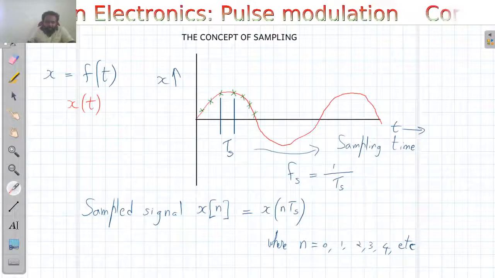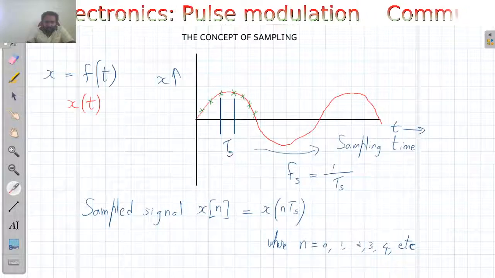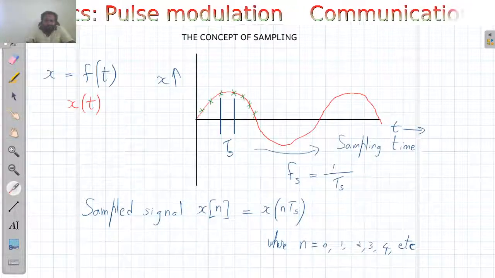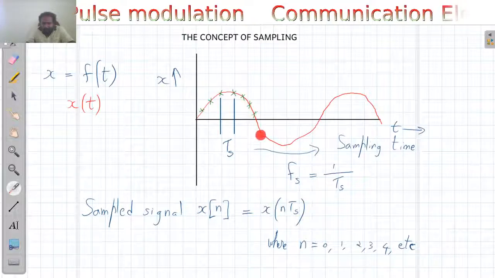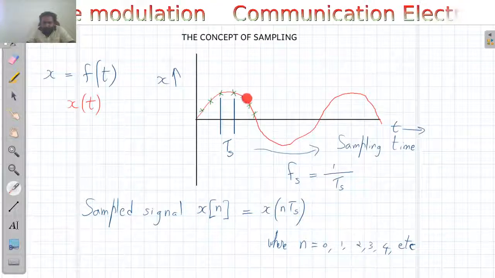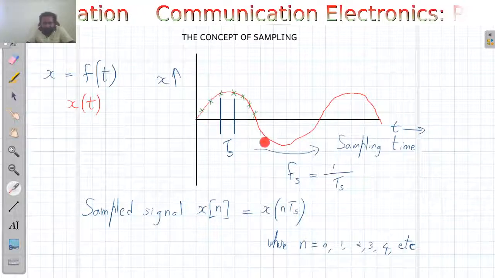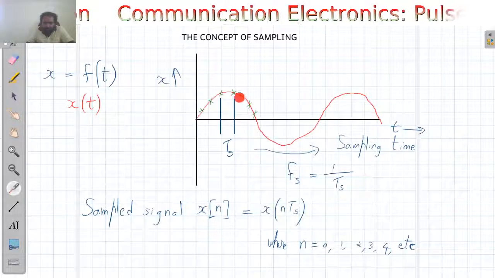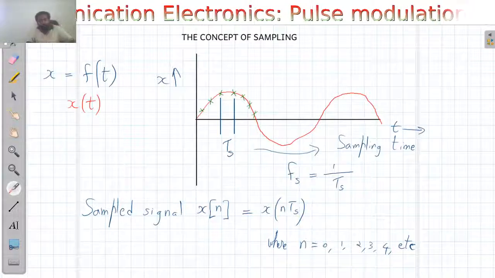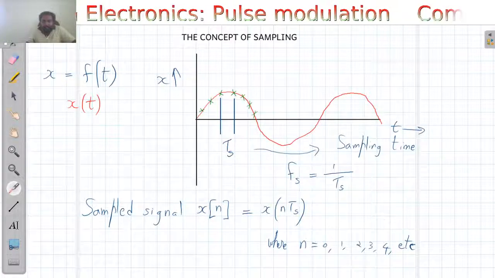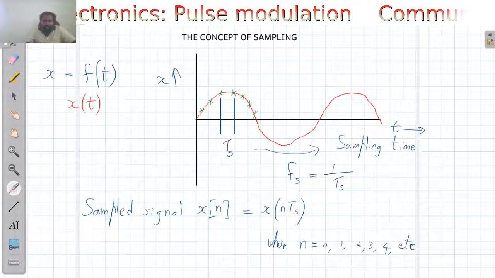My interval is my sampling time, and I can decrease or increase the interval depending upon the frequency or the time period of this wave. It is better to decrease sampling time so that you get a more accurate sampling.